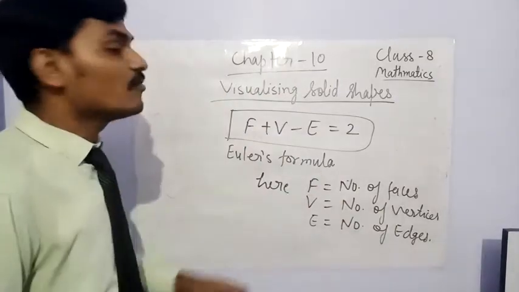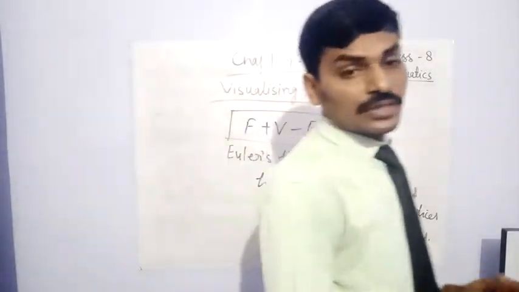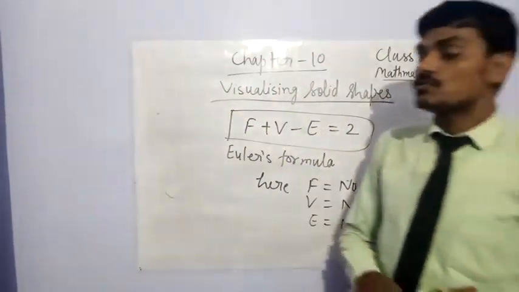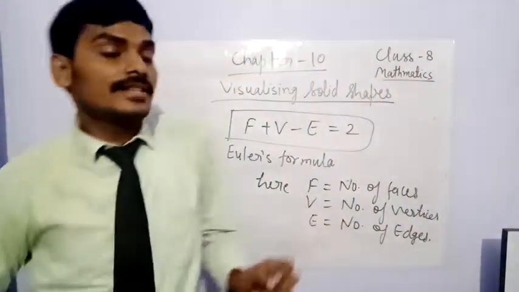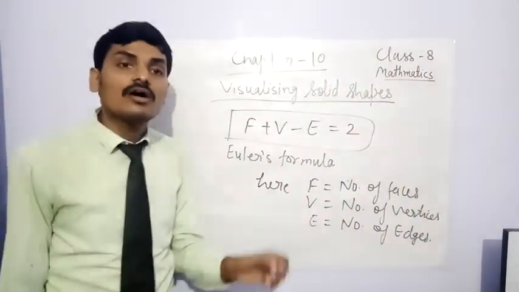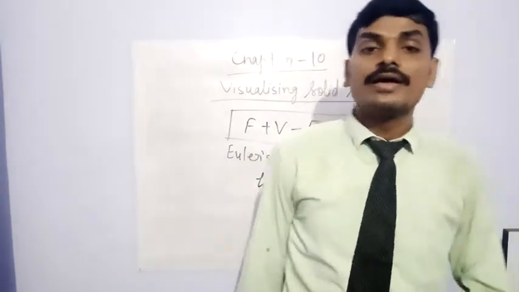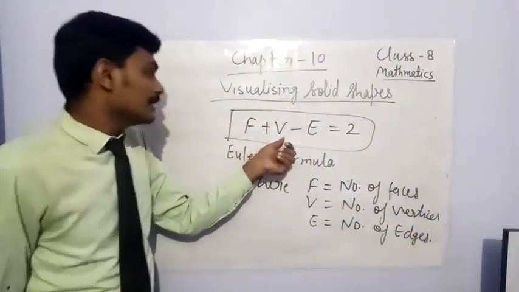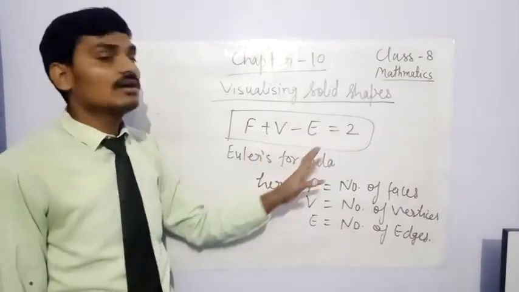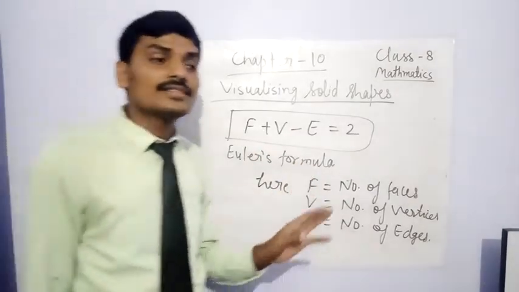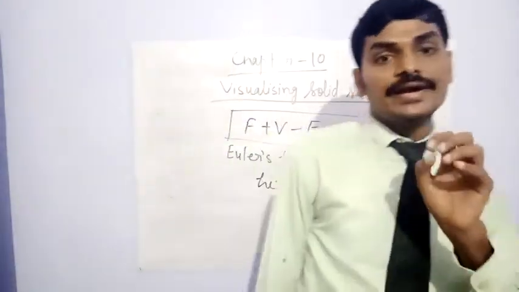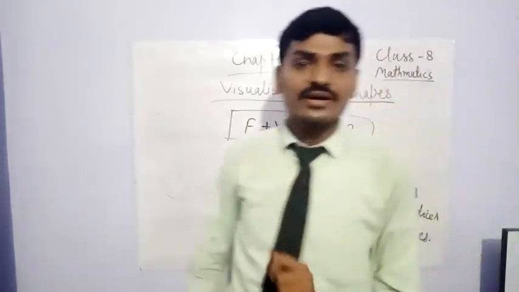This formula is used to determine whether a figure is a polyhedron or not, whether it is a three-dimensional figure or not. If this formula is followed, then we will say that it is a polyhedron or three-dimensional figure.